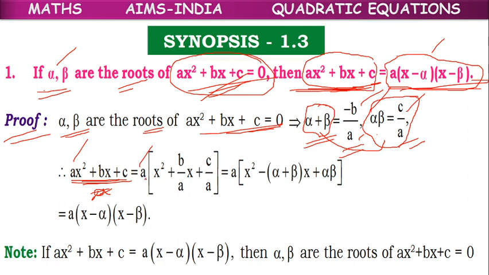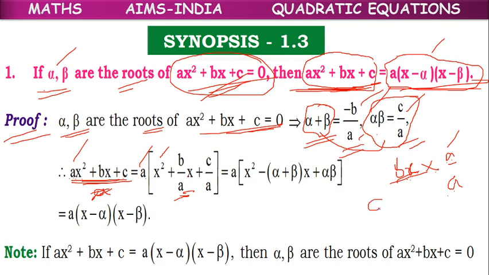In ax square, if a is taken common, x square will remain. In bx there is no a, but we can write bx as bx into a by a. Means if a is taken common, what remains is bx by a, or b by a x.